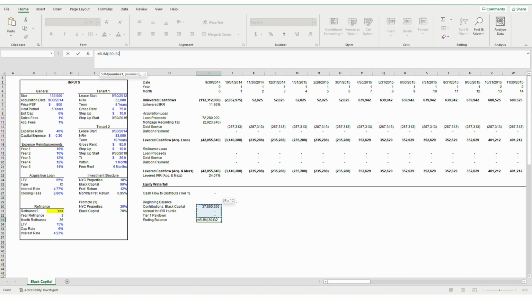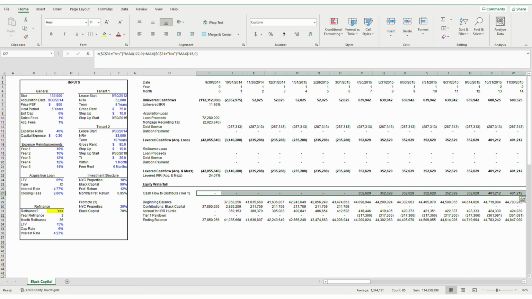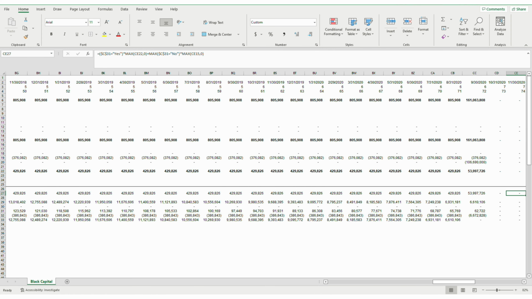Sum up the ending balance and the hurdle structure is complete. And as you can see, our equity waterfall zeroes out at the capital event, as it should.